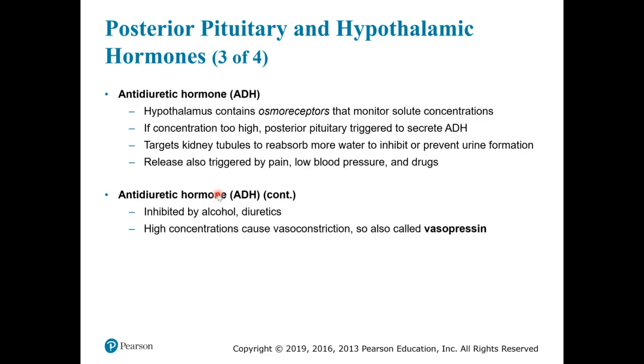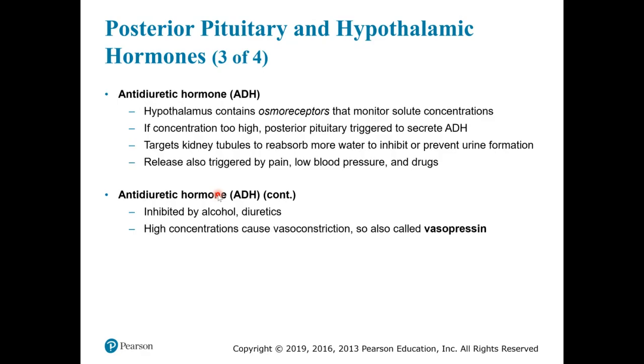And so as that osmolarity of the blood increases, the hypothalamus interprets that as levels of fluid getting lower. If the concentration is too high, then that means the water levels are low. And so then the hypothalamus will secrete ADH so that we can retain water.